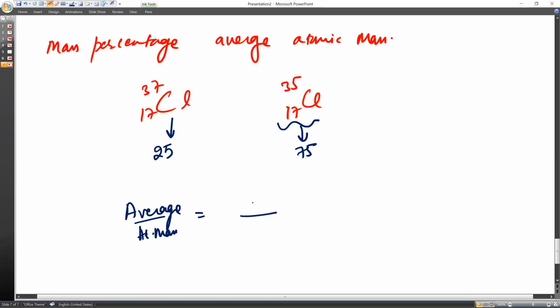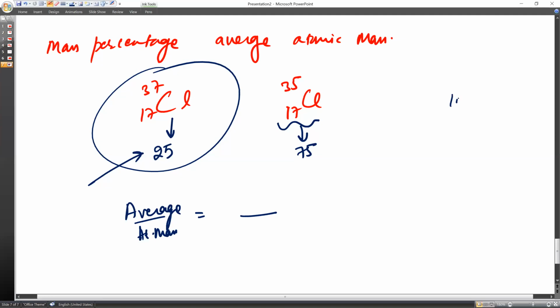If the percentage of the other is not given, for example this is 25%, then it is understandable that the other will be 75%, because 100 minus 25 is 75. If something is 60%, the other will be 40%. If something is 10%, the other will be 90%. The same thing happens here.